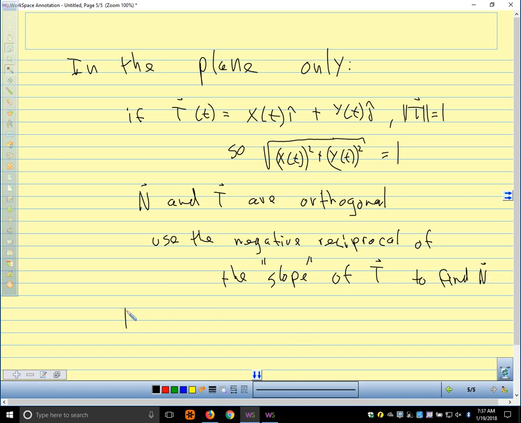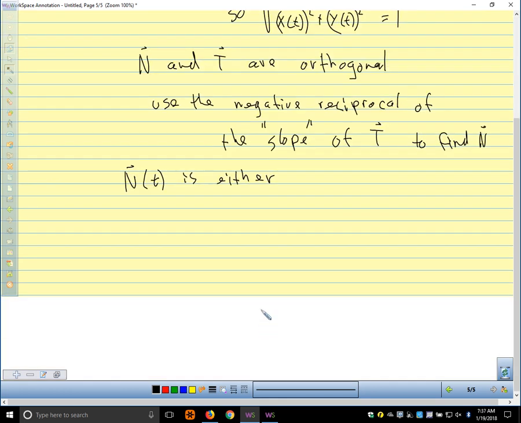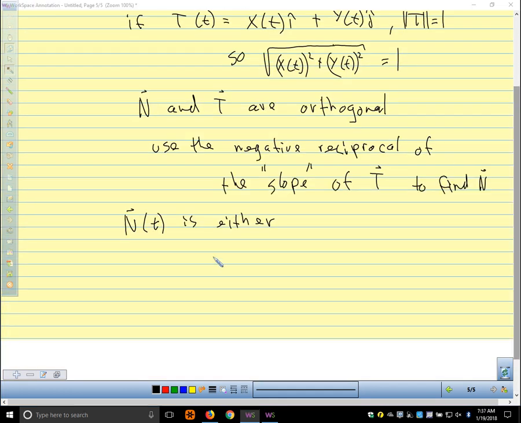So to have a negative reciprocal slope, N is either y of t i hat minus x of t j hat, or minus y of t i hat plus x of t j hat.